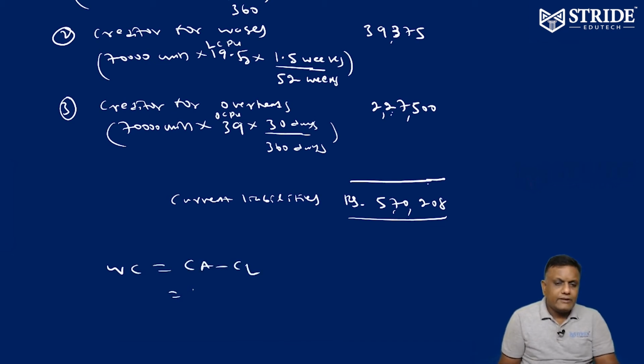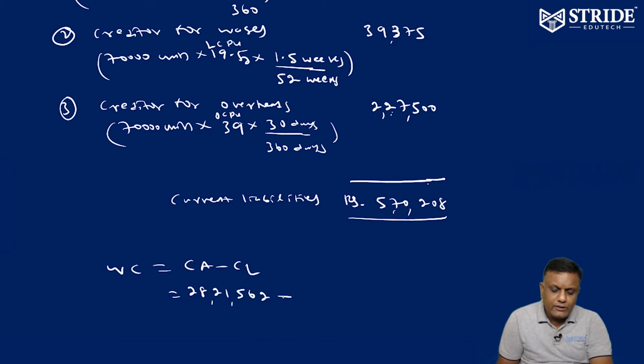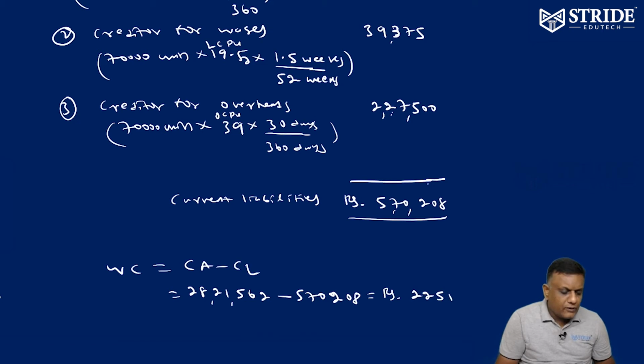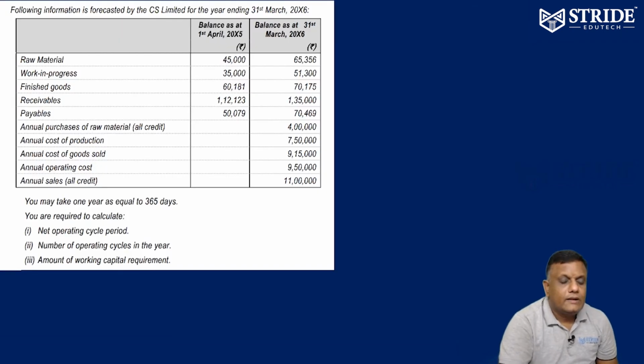That is 28,21,562 minus 5,70,208. So the working capital is 22,51,354. That is the working capital requirement for this firm. That's it.